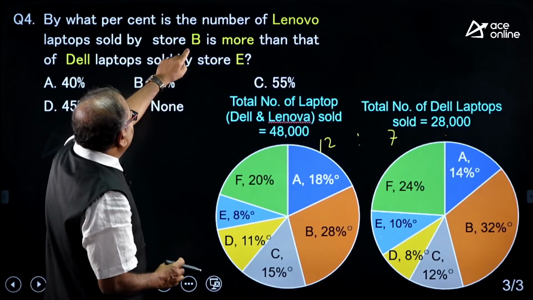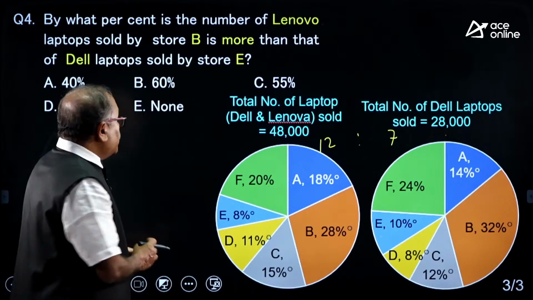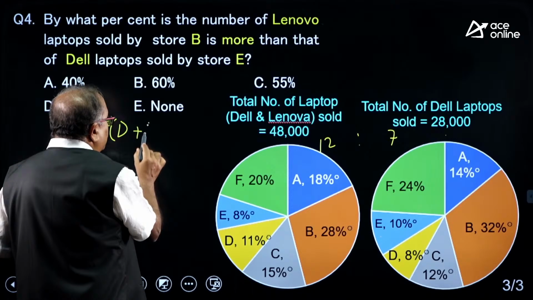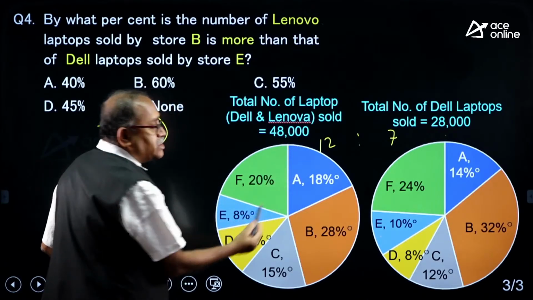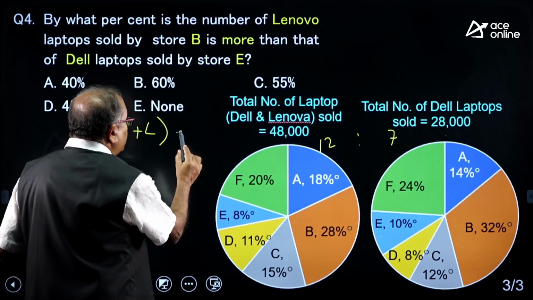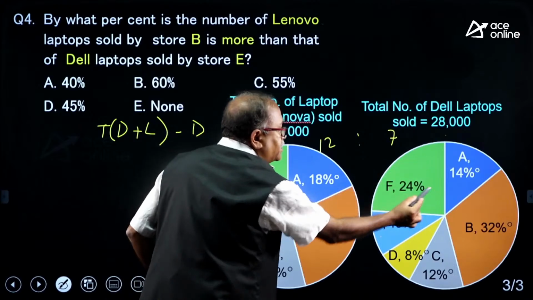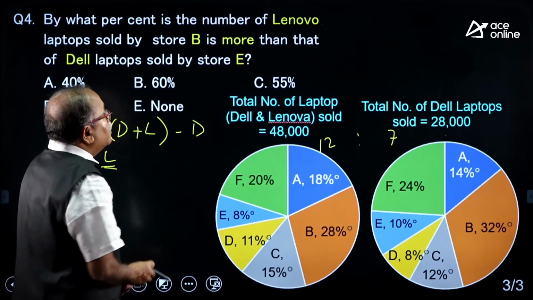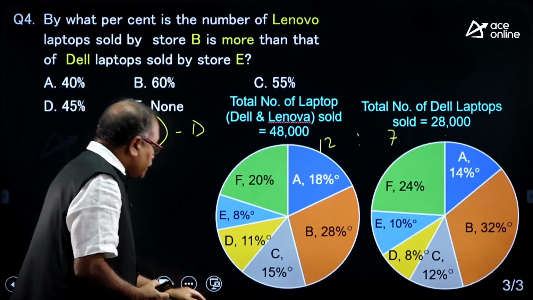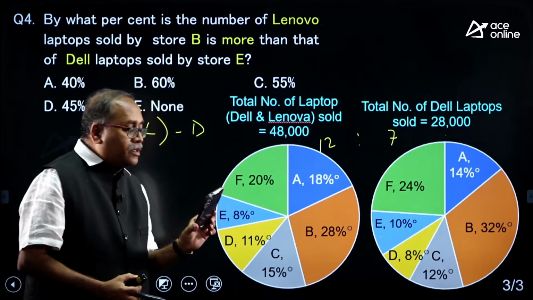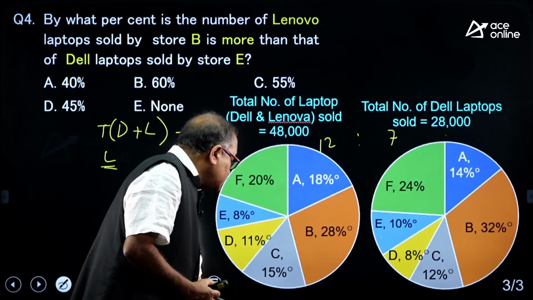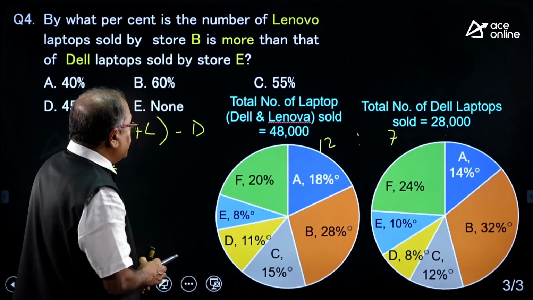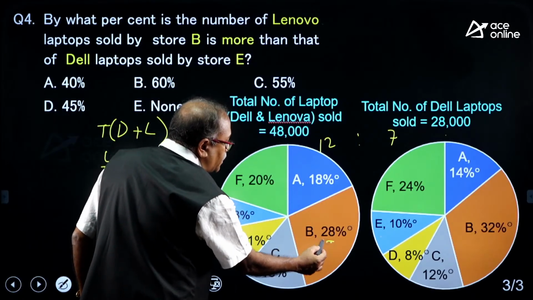Now, in order to get the Lenovo of B, what I need to find out is the total, that is Dell plus Lenovo, which I will get from the first chart, and minus Dell, which I get from the second chart, then I will be getting the Lenovo. So, Lenovo of B, please work out along with me, my dear friends. So what is B here? 28%.